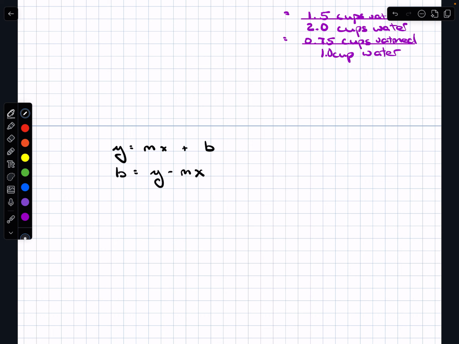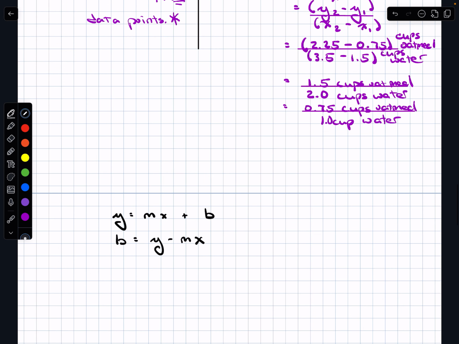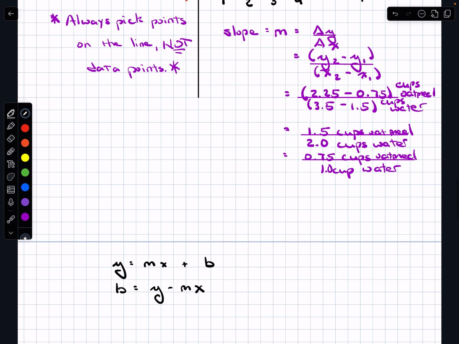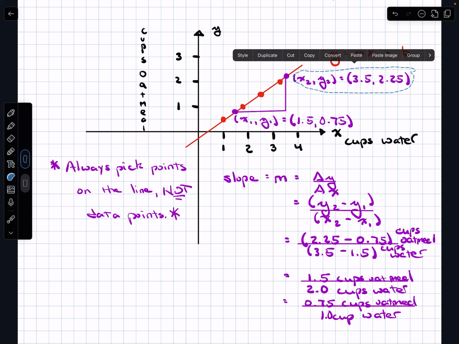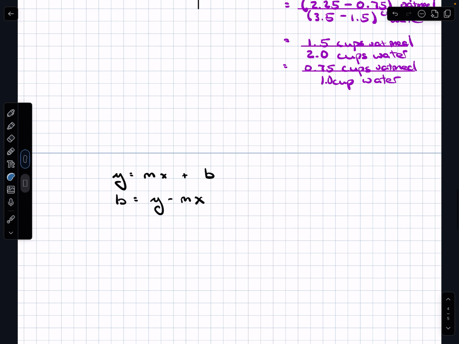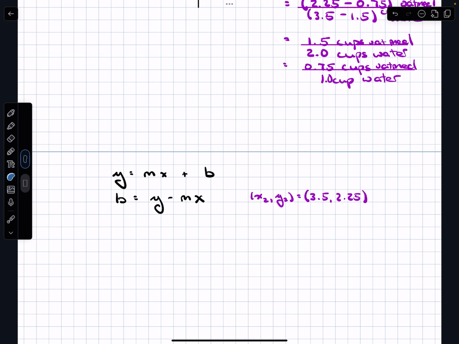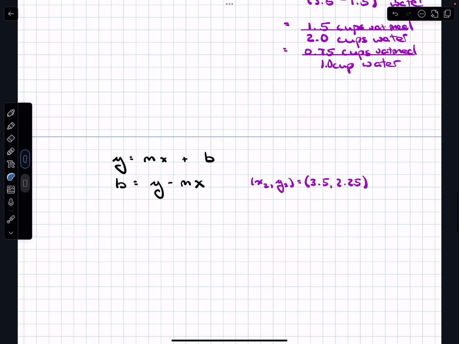Now what I've got to do is substitute a point from my line into that equation. I'm going to pick this point right here, my 3.5, 2.25 point. I'm going to grab this and bring it down here, and we're going to use that particular point.